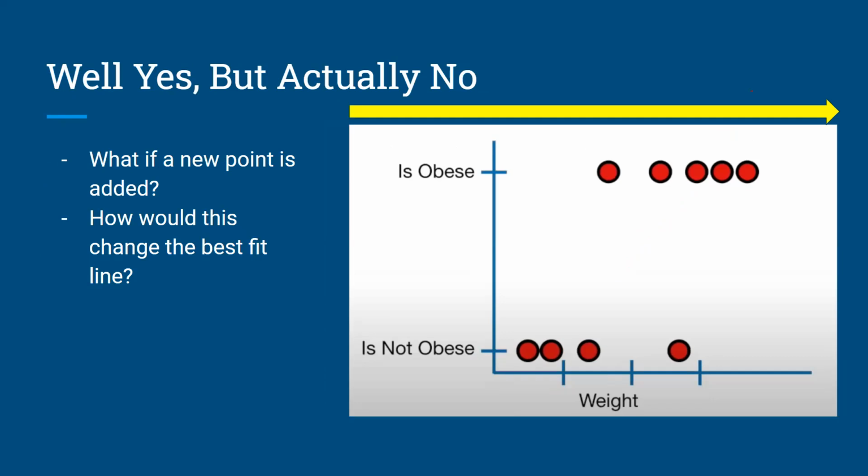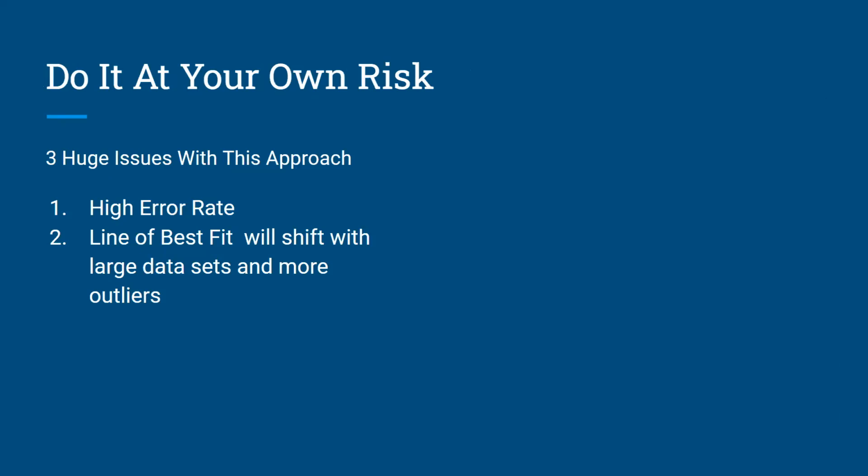If it flattens, a value over here that should be obese is going to read as not obese. And that is going to produce inaccurate results for us. And that's not what we want, right? So do this at your own risk, right?